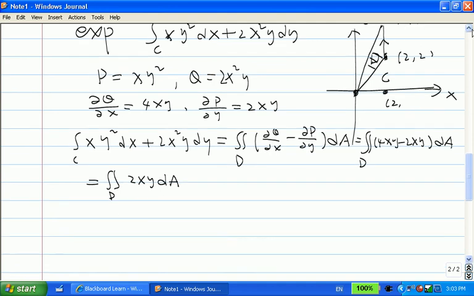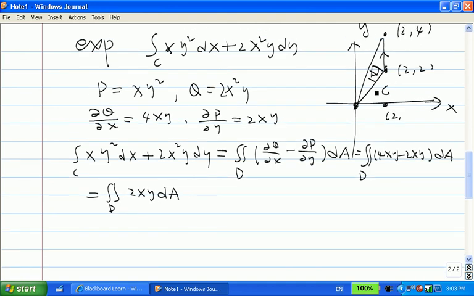So to do that, we need to find these 2 curves. This one, okay, this is a line. It's not hard to find. The equation for that line is y equals x. And similarly, you can find the equation for that line is y equals 2x. Okay. I gave you 2 points.